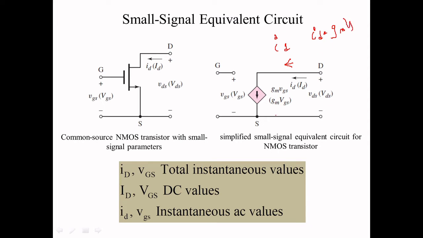It is a dependent current source, and you can represent it with a rhombus shape instead of a circle, as in the BJT, just to show the difference. Then this is your input voltage source and this is your output voltage. That's it. This is the small signal model for the NMOS transistor.